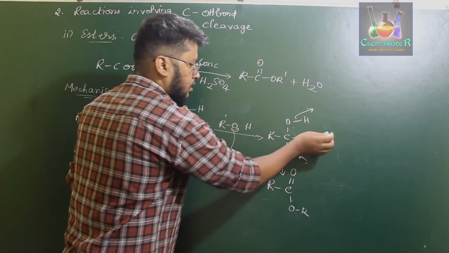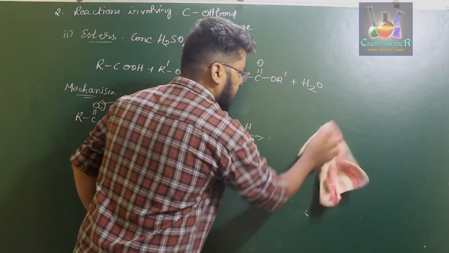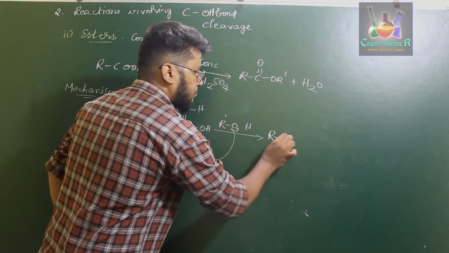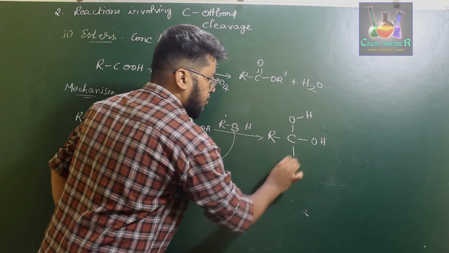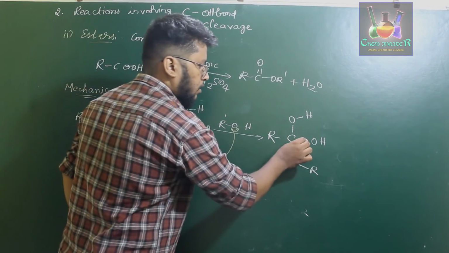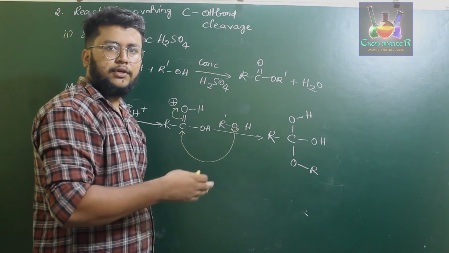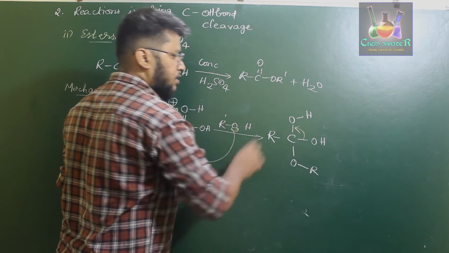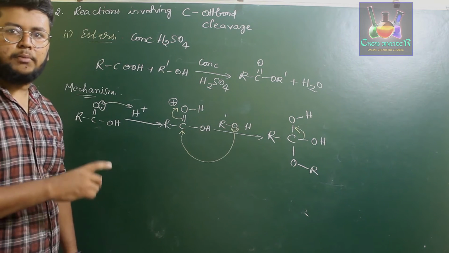If you consider this in a split manner, let us write it one more time. Observe carefully. This is R, C, OH, OH, OR. Now, due to the presence of two OH groups at the same position, they try to lose a molecule of water. So this OH group breaks the bond with this carbon. That is what we want. We require a bond breakage between carbon and OH groups.